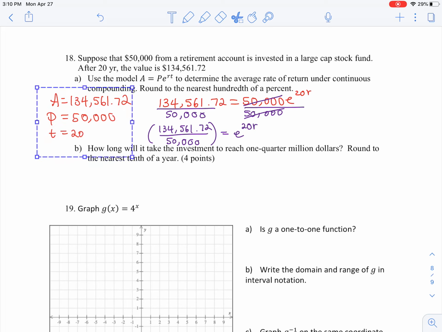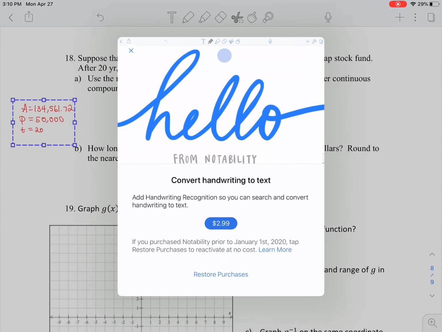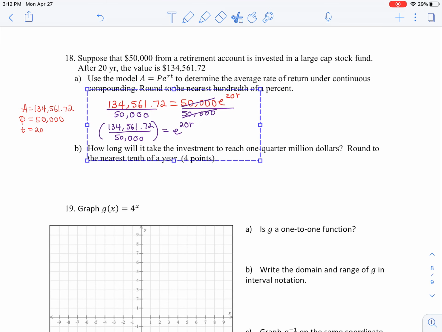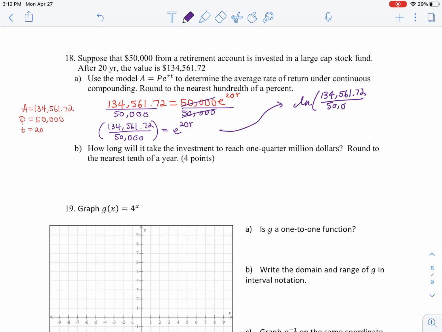Okay. At this point, we're going to take natural log of both sides because when you have an exponential term with e as the base, taking natural log will get rid of e and we'll bring down the exponent, the power of 20r. So natural log of 134,561.72 divided by 50,000 equals, well, natural log of e raised to the 20r, right?